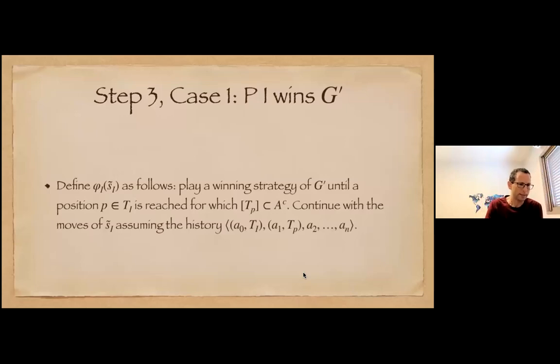We can see that the definition of phi 1, in this case, depends only on the first move until time p, and then it depends on the first n moves. So it satisfies the condition that the first n moves of the covered strategy are functions of the first n moves of the covering strategy.